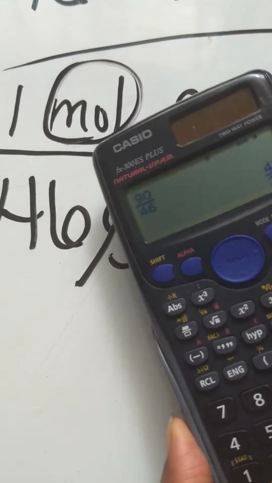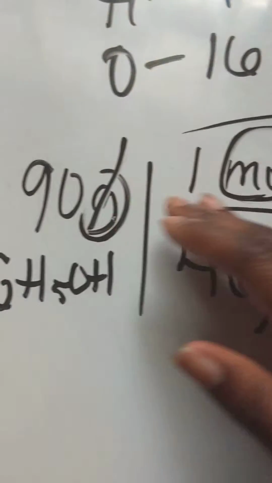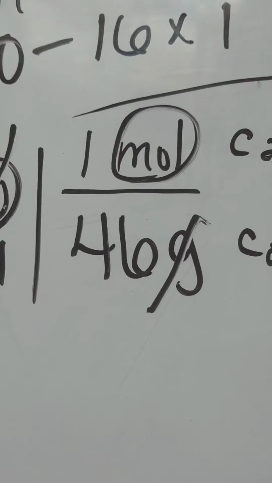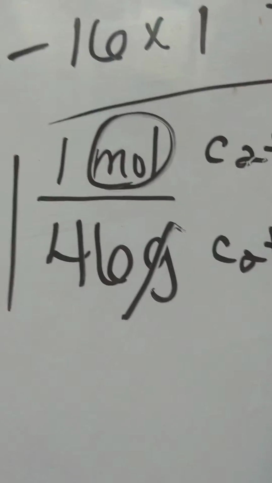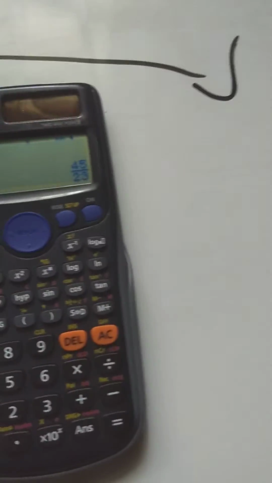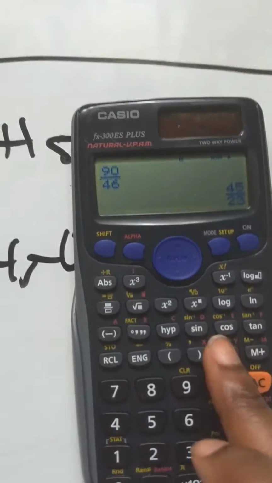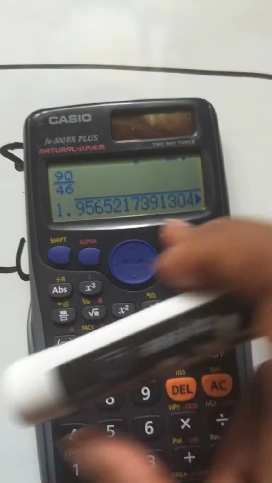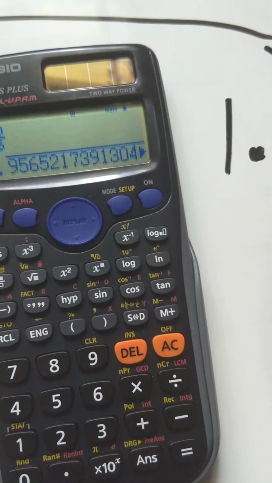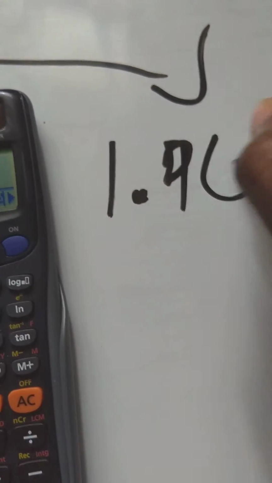I personally like to put it into the calculator as a fraction, because it mimics the way that it looks in the actual paperwork that you do, and I just feel like it makes it a little easier, but it's whatever you want to do. So we get 1.96 moles.